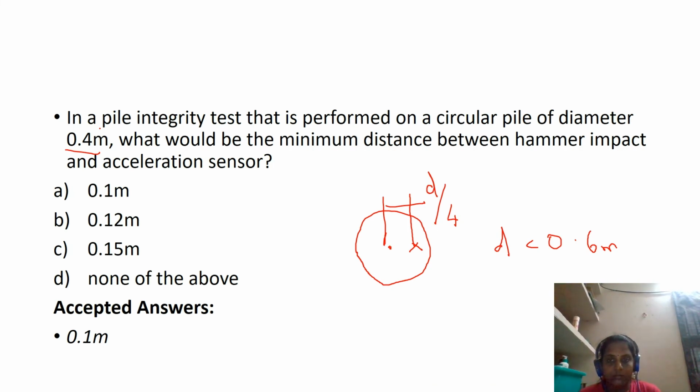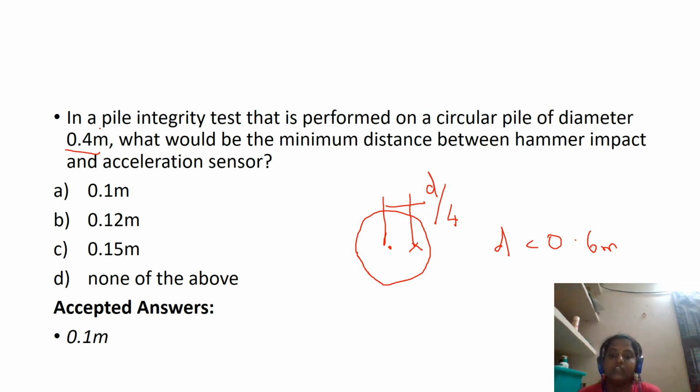Okay, fine. So with this we have come to the end of dynamic testing on piles. In dynamic testing on piles, there is a high strain test and a low strain test. High strain tests mainly focus on the load carrying capacity of the pile, and the stresses generated while the pile is driven into the soil. Whereas in a low strain test, we find out whether the cross section of the pile is perfect as per our design.